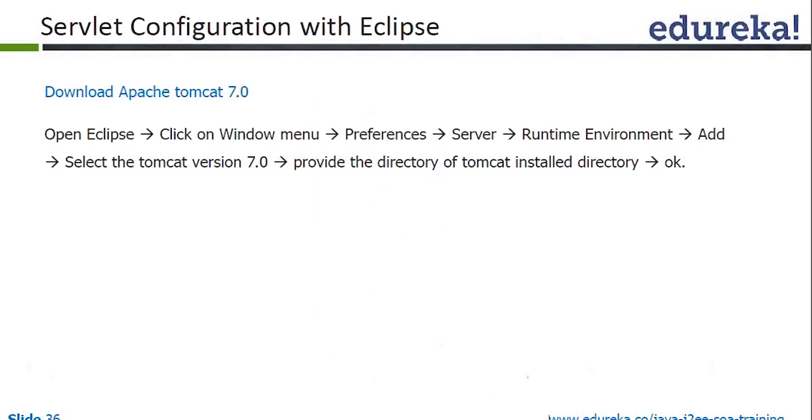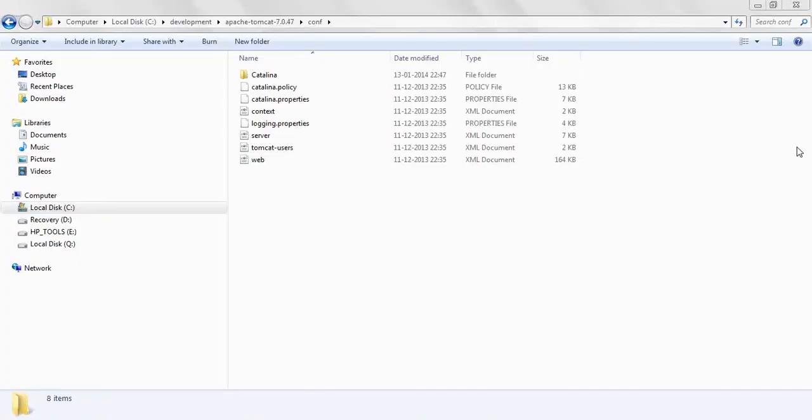Okay, now the next thing is, how many of you have downloaded Apache Tomcat? I will show you how you have to integrate Apache Tomcat with Eclipse. And why do people prefer Tomcat? Because Tomcat is very simple. What is the size of Tomcat? No installation, nothing.